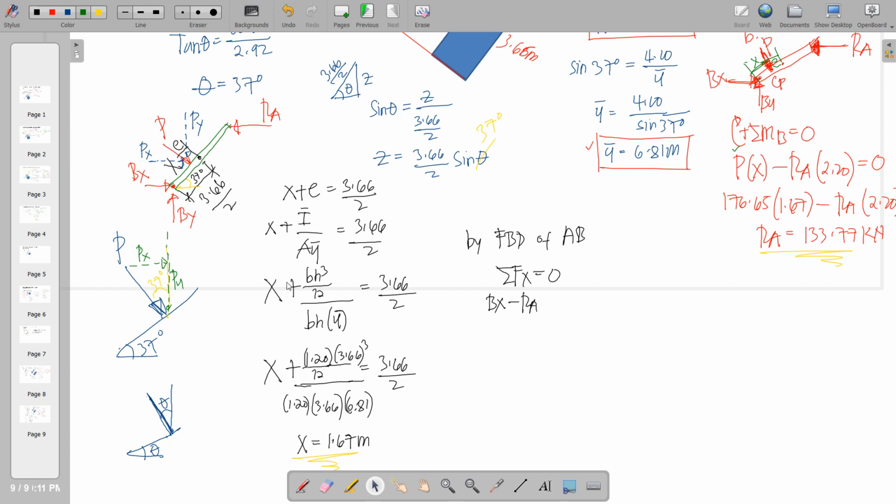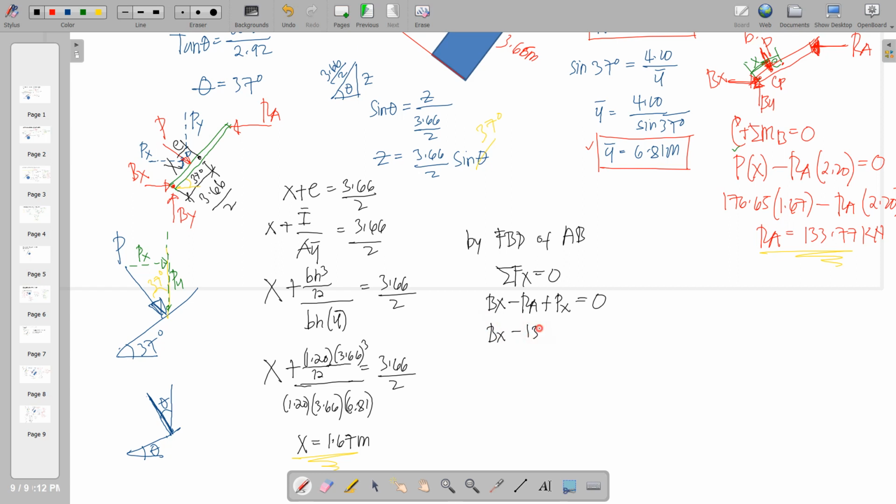Okay. So what we did here in summation of forces horizontal is the horizontal component of P that is going rightwards. So we denote that as positive, and this is Px. So no more force. So we have Bx rightwards, Px rightwards, minus Ra leftwards. So this equates to 0. So the unknown here is Bx. We know Ra.